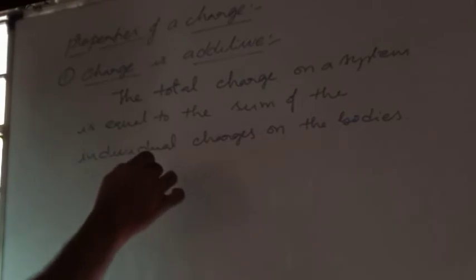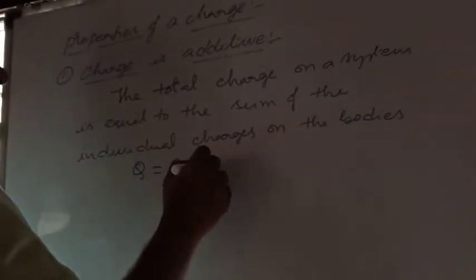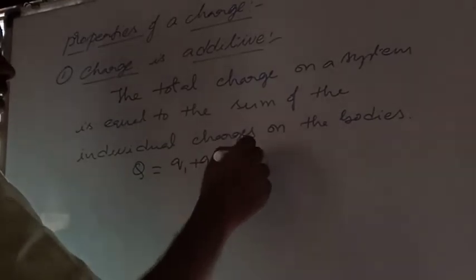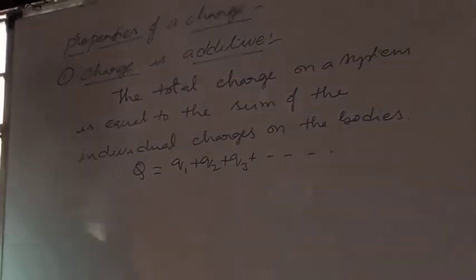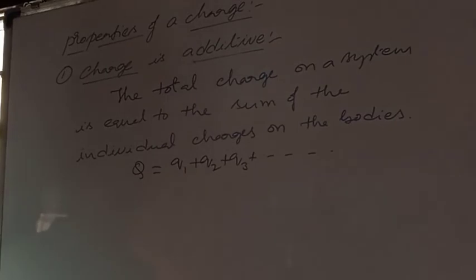So if capital Q is the charge on the system, we can write this as Q1 plus Q2 plus Q3 plus so on. This is the net charge or total charge on the system. This is the property of charge which is called charge is additive. This is the first one.